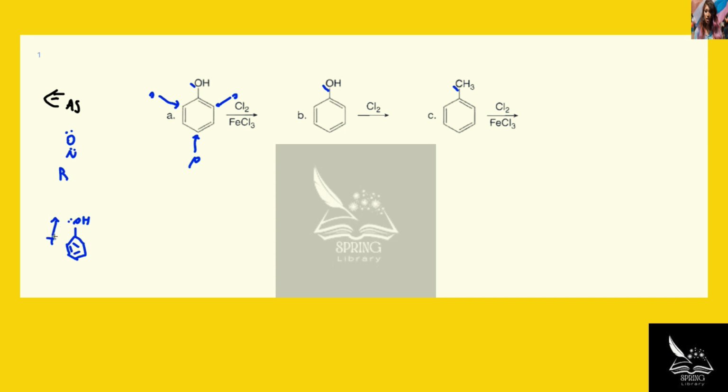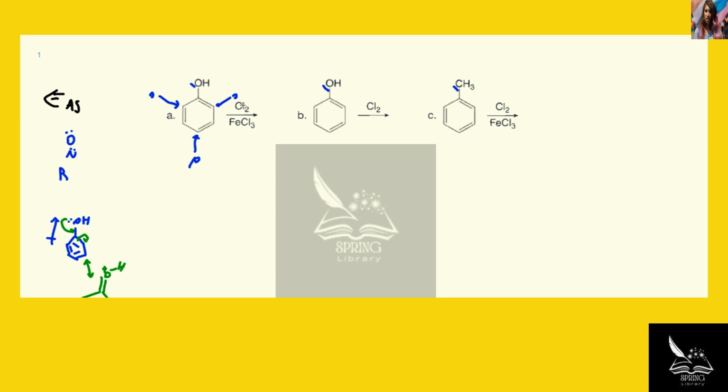But something that outweighs this inductive pull is the fact that oxygen has lone pair electrons, and it can form a resonance structure that makes a full negative charge inside your benzene ring. So through this resonance structure, we get a benzene ring that now has a full negative charge in it. Because of this, the benzene ring is a lot more electron rich, and therefore more nucleophilic and more able to attack your electrophile.